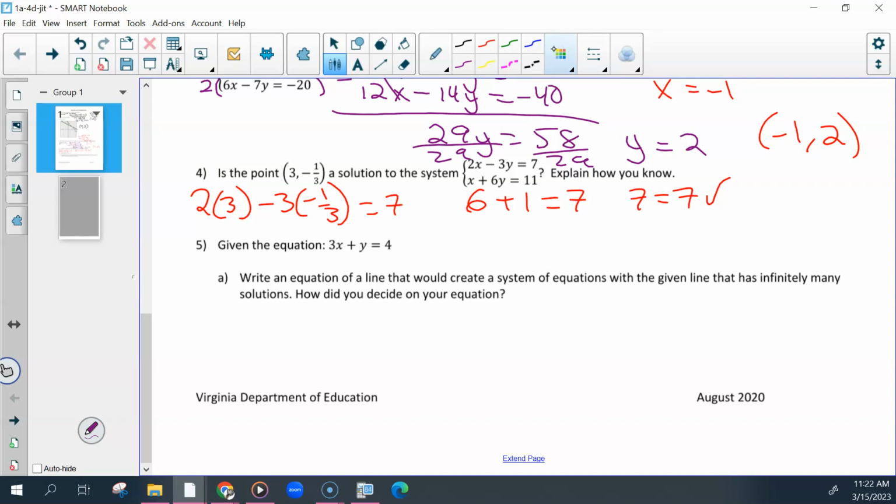And then do the second one and see if we get the same thing. So multiply the 6 and the negative 1/3. This one is not true, so this is not a solution. We say it's not a solution because it only makes one of these true, not both. Questions on that one?